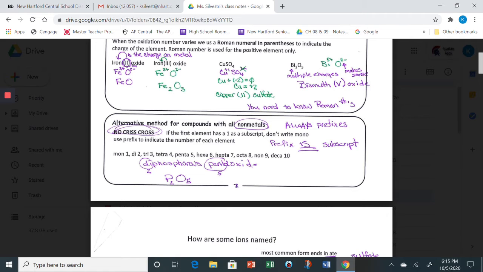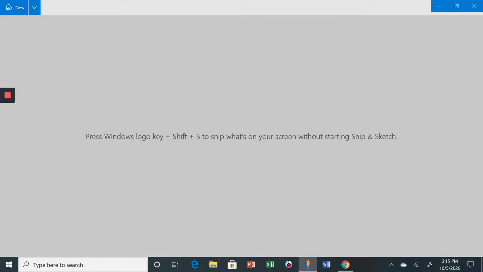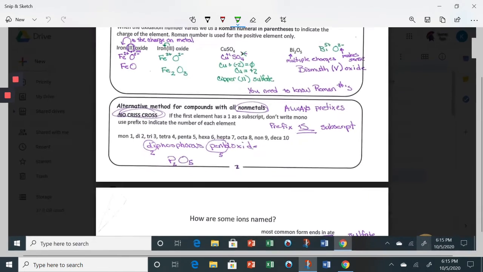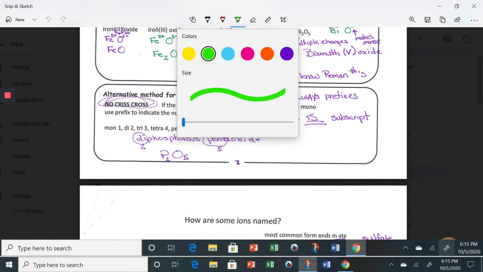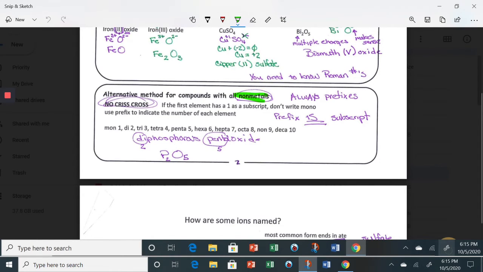Okay, so I want to talk about this alternative to the crisscross method. I want to make this very clear: this is to be used for two nonmetals. So you now have to get in the habit of always asking yourself, when you write a formula, what is making the compound?